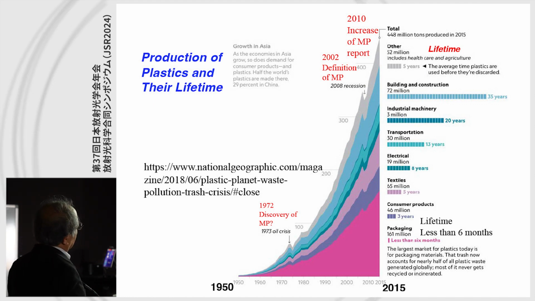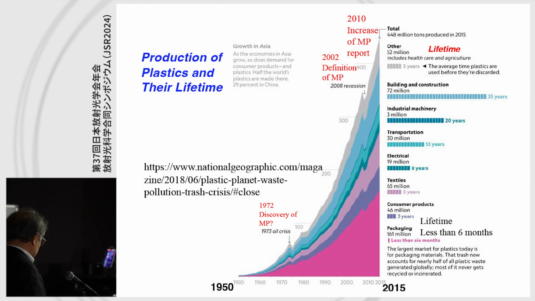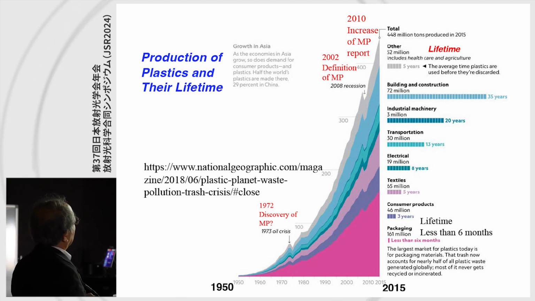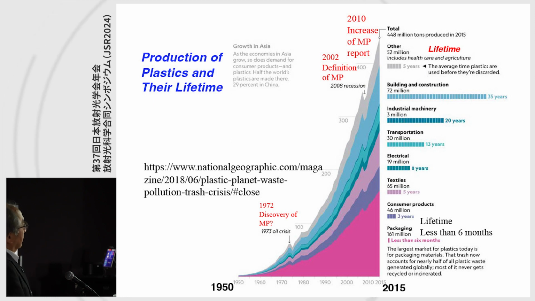The first discovery of microplastics was in 1972, but at that time only a few people paid attention to environmental plastics. Then in 2002, the definition of microplastics was published, and now we have a large number of papers on microplastics, particularly in environmental science.